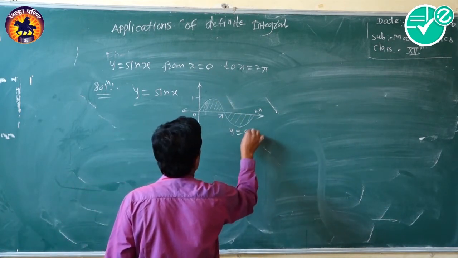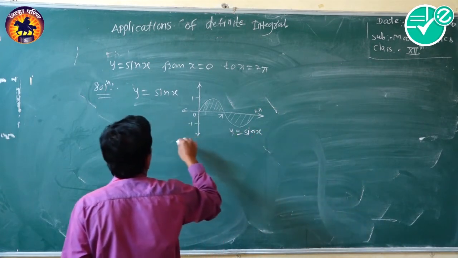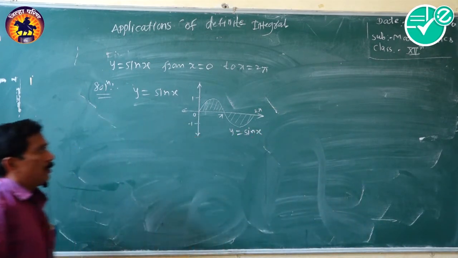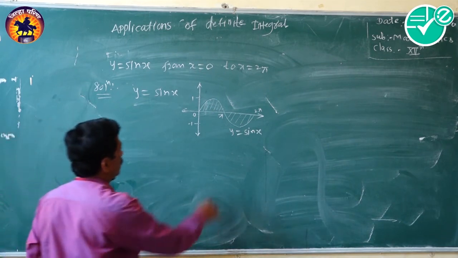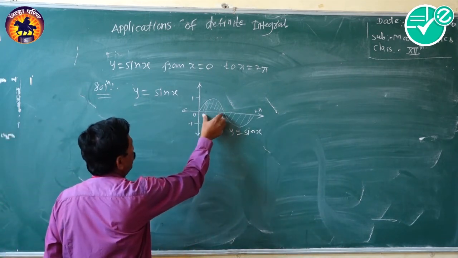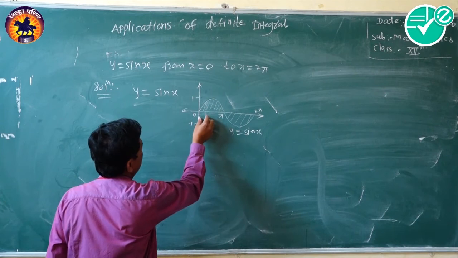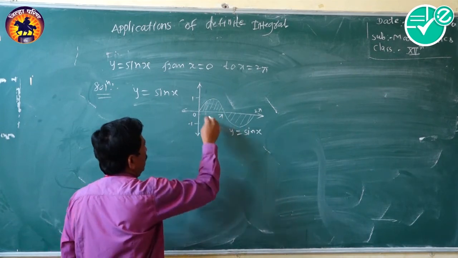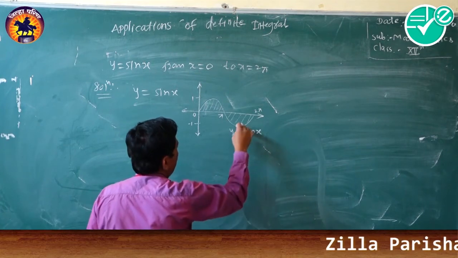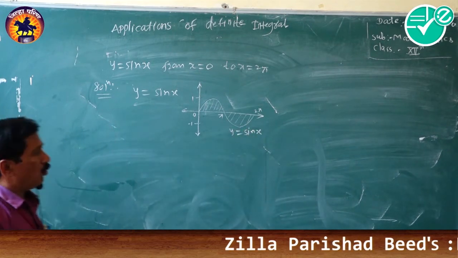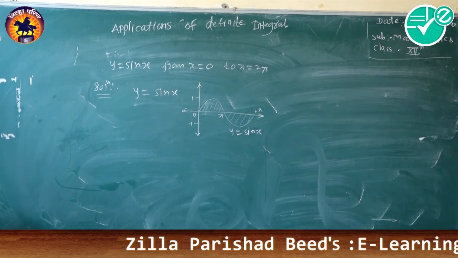Y is equal to sin x. This is the curve. Now this curve, we divide in two parts. The first interval, that is 0 to pi, is the upper side, and pi to 2 pi is the lower part of the curve.